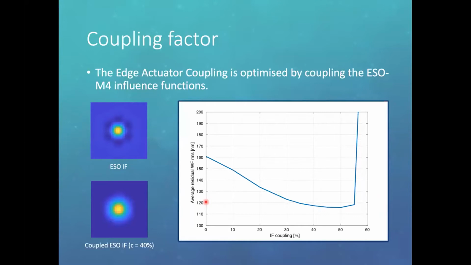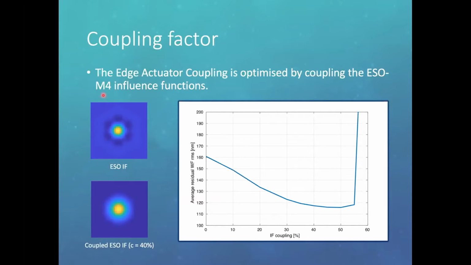So one key thing for our edge actuator coupling approach, to optimize that performance, we really needed to consider exactly the influence functions we're coupling across the edge. And what we found was that we needed to include a coupling factor rather than use the as-is ESO influence functions.